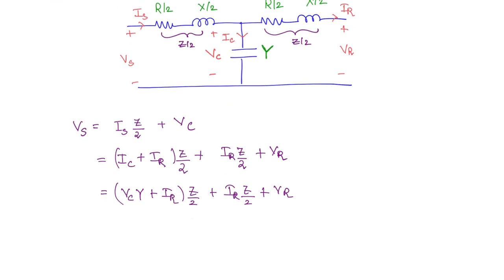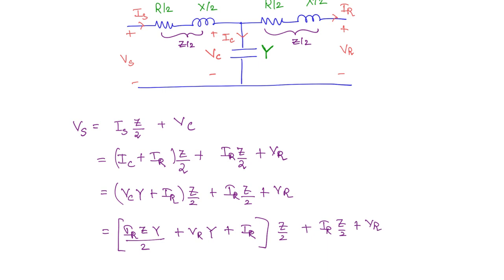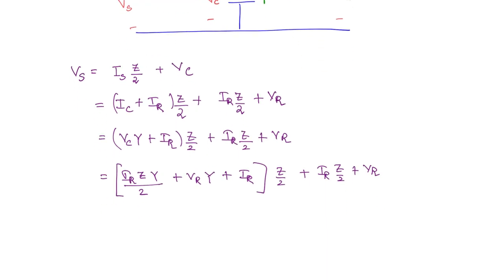Once again we have the Vc term here that we can again write in terms of Vr and Ir as Ir Z by 2 plus Vr. So here there is extra Y term. So Ir Z Y by 2 plus Vr Y plus Ir whole Z by 2 plus Ir Z by 2 plus Vr. Okay.